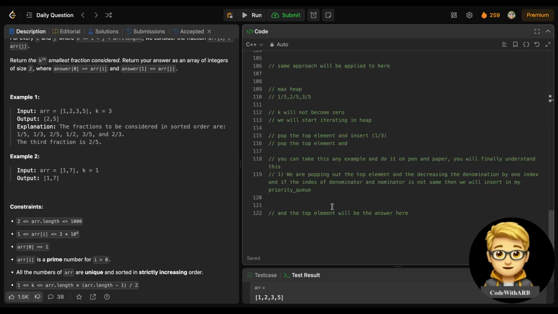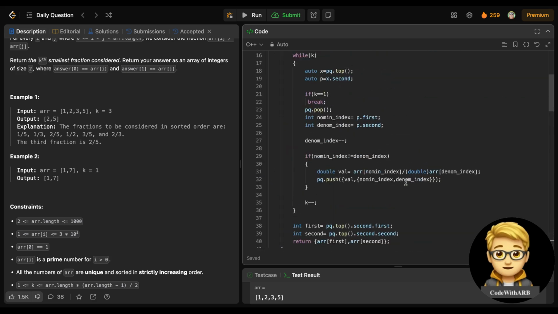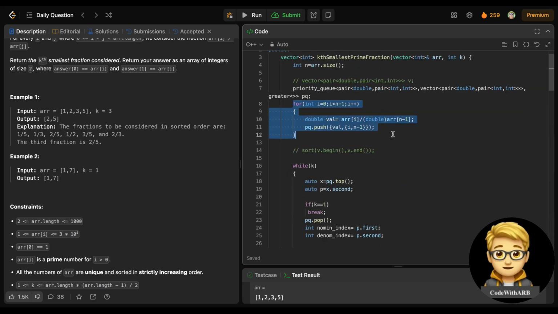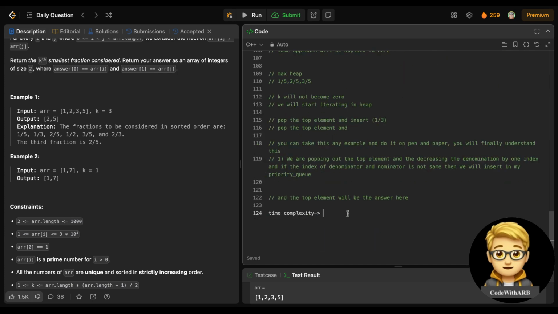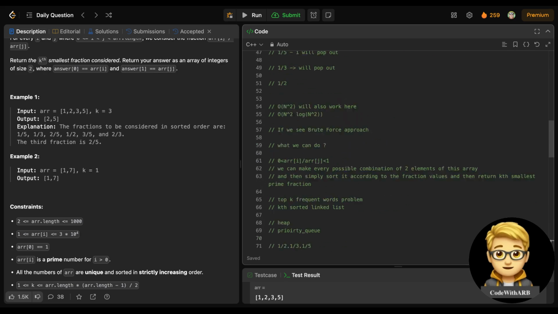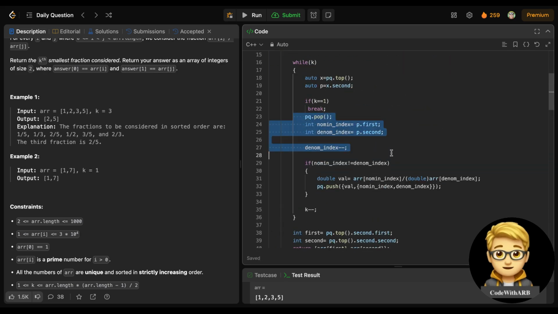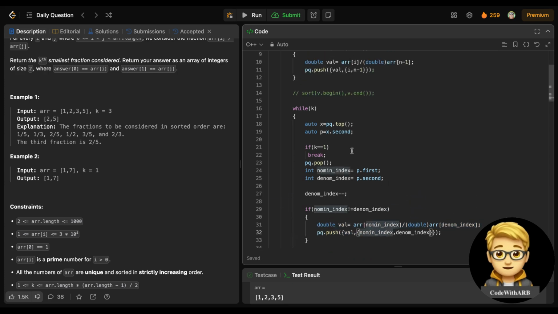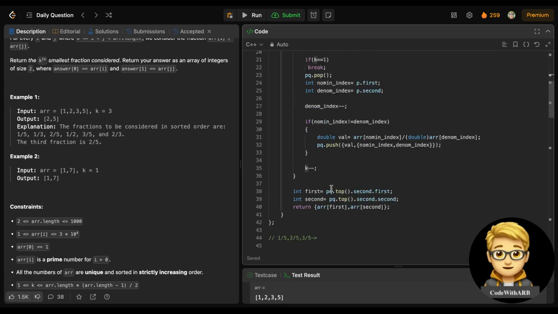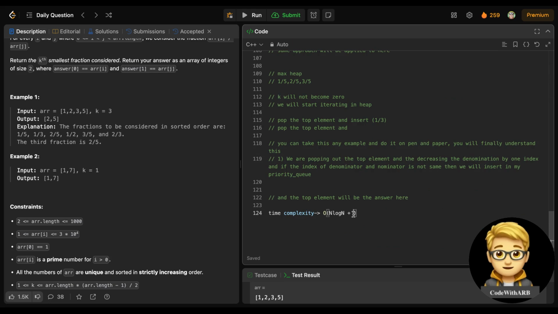So, the time complexity and the space complexity will be, so what we are doing, the first thing which we are doing is inserting all the n elements in a priority queue. So that will take O of n log n, of course, right? The second thing which we are doing is popping out the top element and then inserting it again, k times, right? So that will take k times log of n.